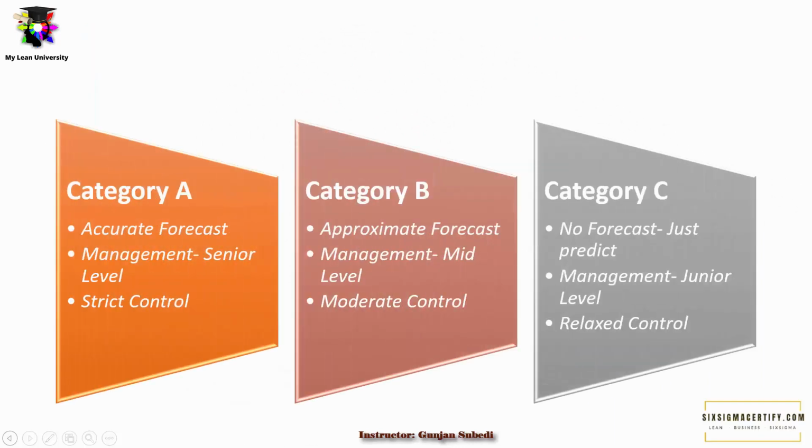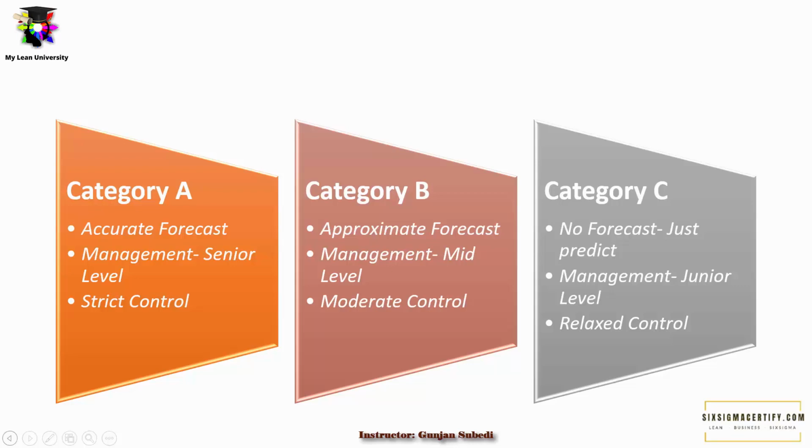The management strategies for all these classes of inventory items in ABC analysis are also different. Category A items need accurate forecasting, and because of this, they need senior management involvement with a strict degree of control.